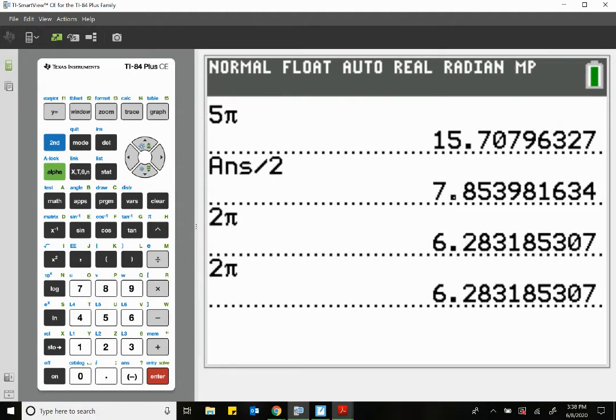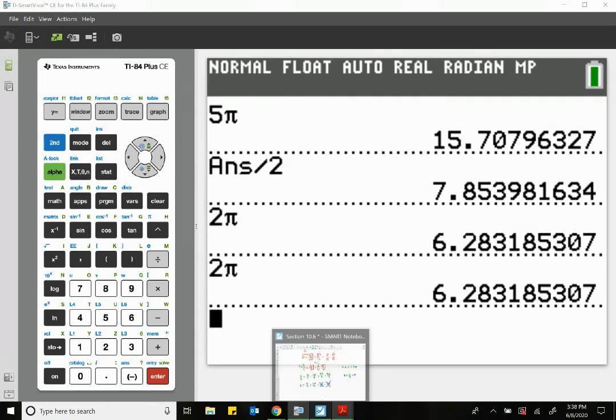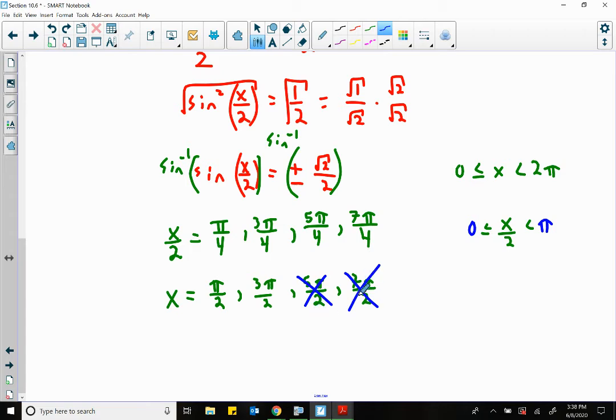See how that answer is out. It is above 2 pi. So that's why we have to throw that out. And the same thing with 7 pi over 2. It is above 2 pi. So these two answers get thrown out. And these are the only viable answers that we can work with now.